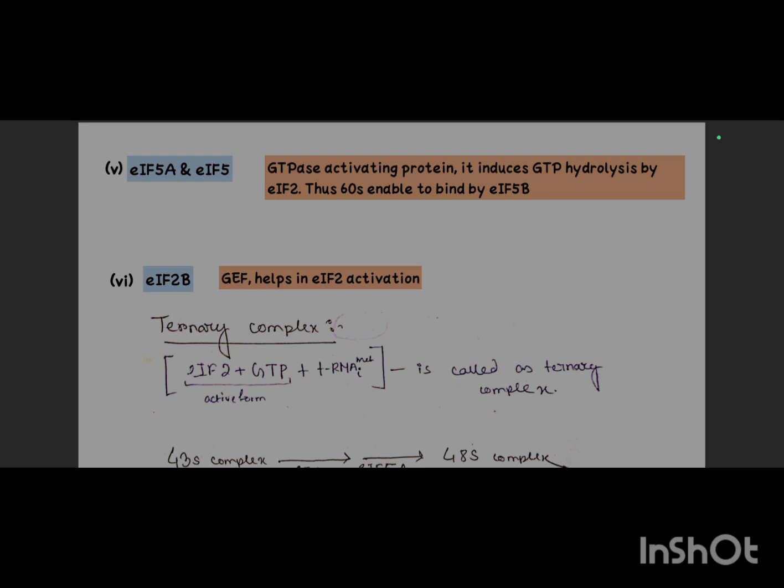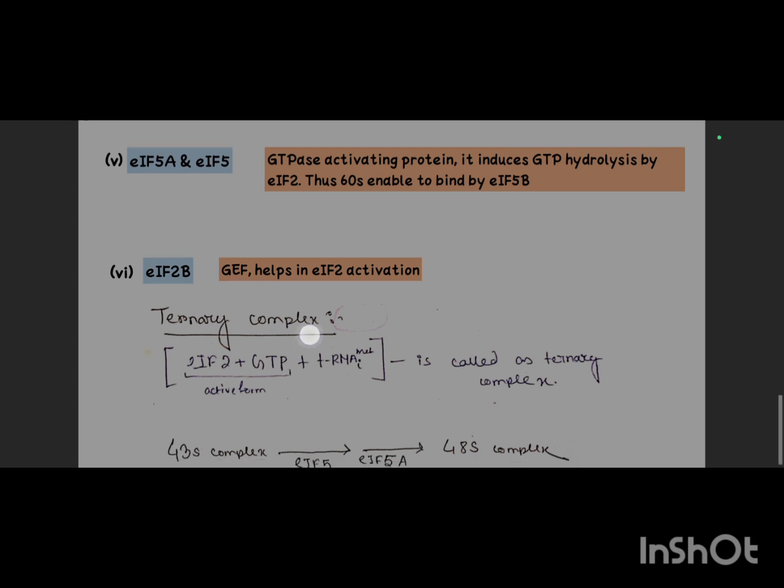Then EIF5A and EIF5, there are two other proteins. So EIF5A is actually a GTP activating protein. It induces the GTP hydrolysis by EIF2, and then after the entire process EIF5 actually helps the 60S subunit to get attached with the 40S, making the entire ribosome complex.